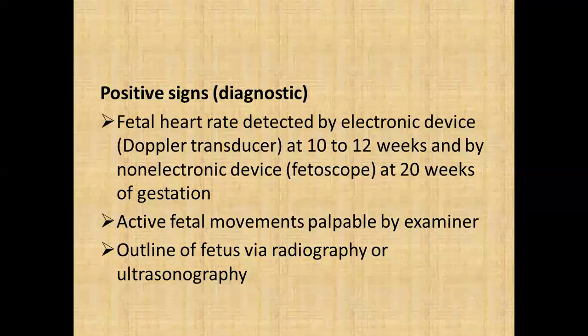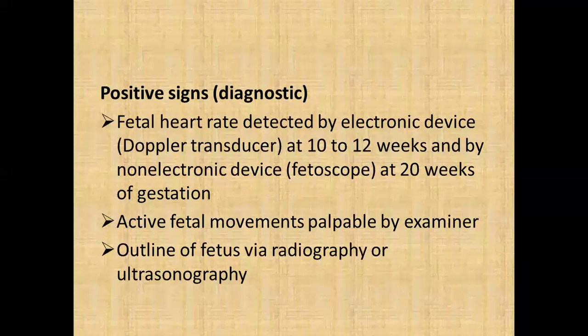If you are able to palpate active fetal movement when the fetus is moving, and know that this is the fetus you are palpating, and this is done by an examiner, then that is another positive sign.